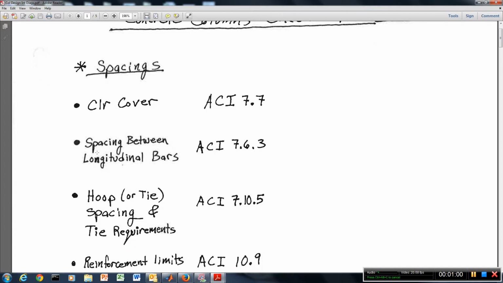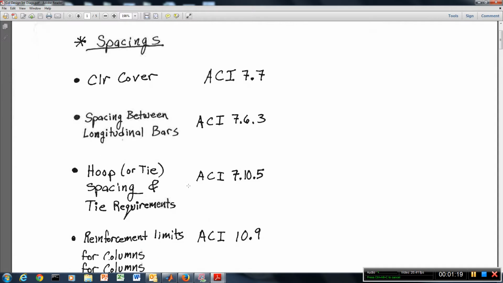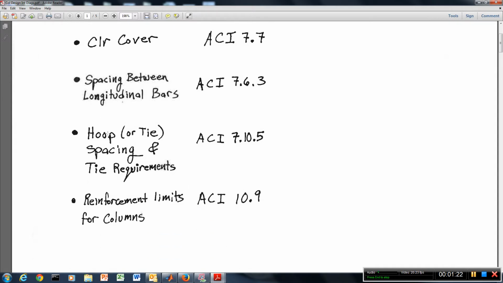Also, we have to make certain that the clear spacing between longitudinal bars has been satisfied as well, and you can see the rules for that in the code, ACI 7.6.3. The next thing is to be sure that our hoops or our ties are spaced correctly, and that we have satisfied the appropriate tie requirements.